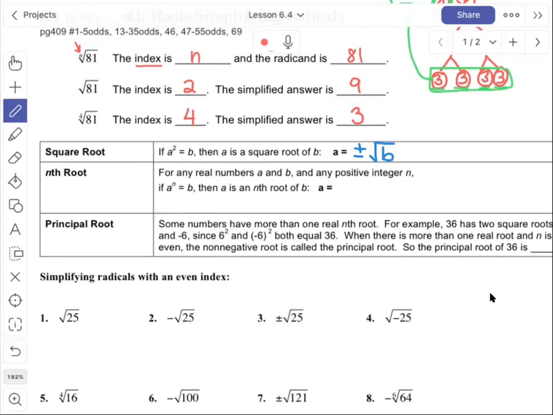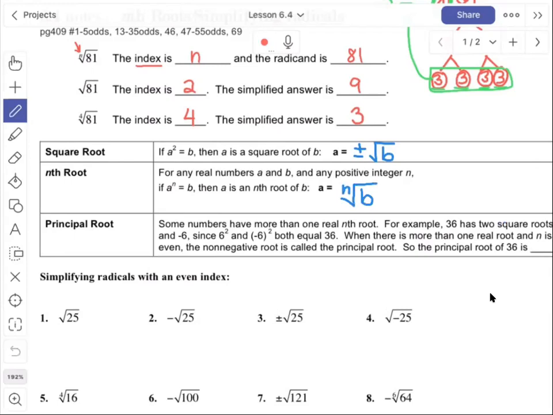Now that's the square root. For the nth root, if a to the n is equal to b, then a is the nth root of b. And n is the index.